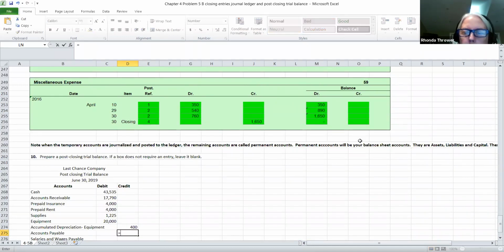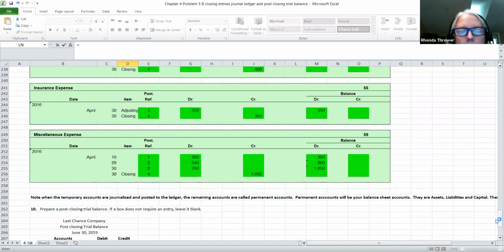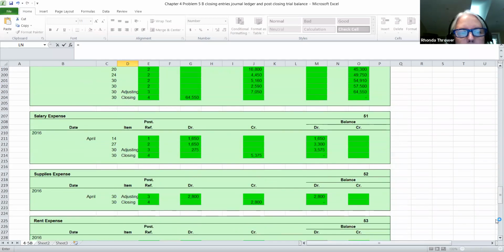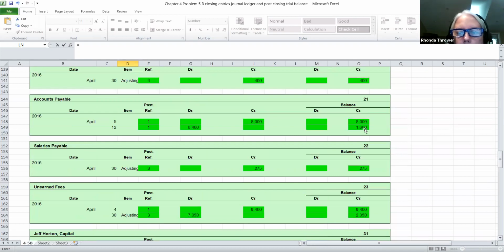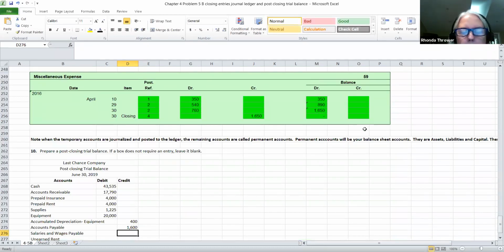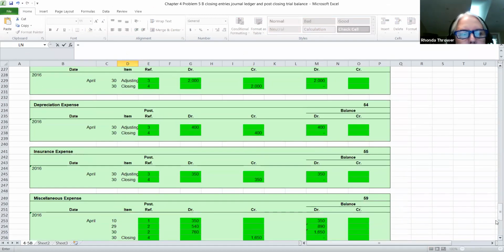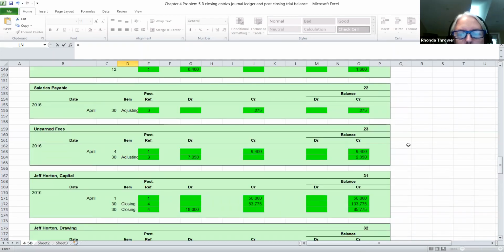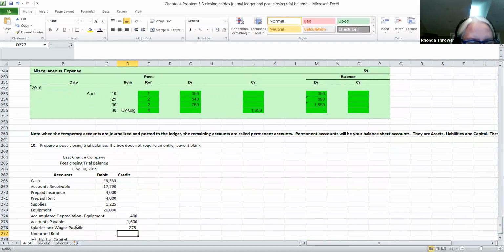My accounts payable is a liability. It should also have a credit balance. There's the credit balance. I'm going to pick up the balance of my salaries and wages payable. It's actually just salary payable, so let me change the name on that to just salary payable.